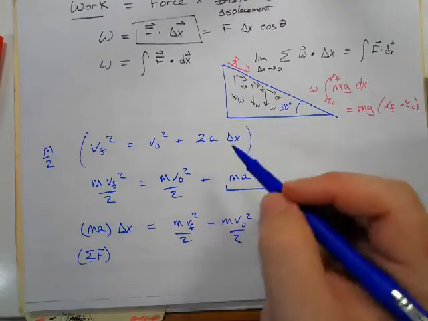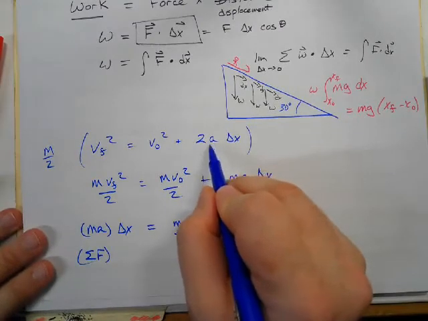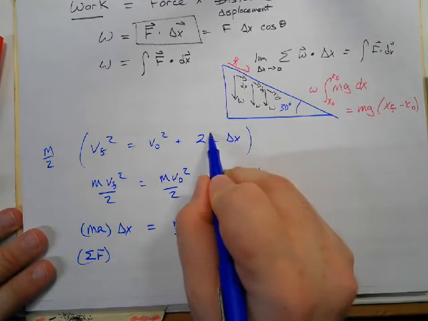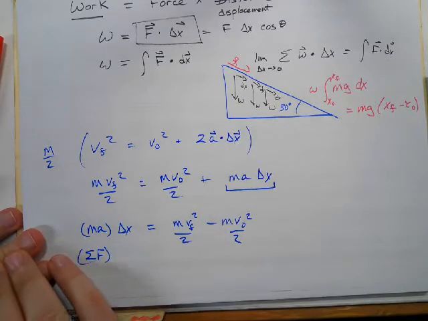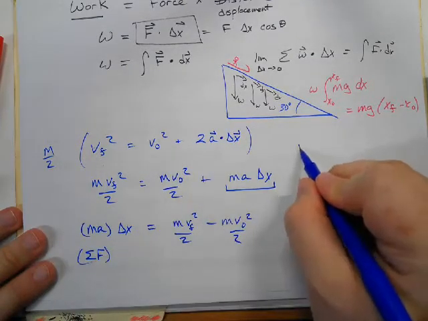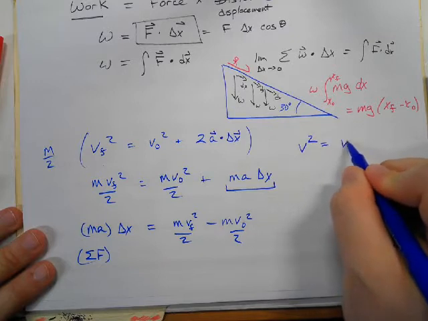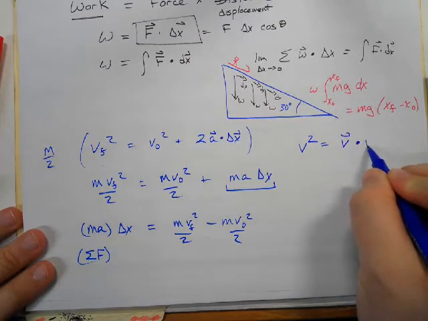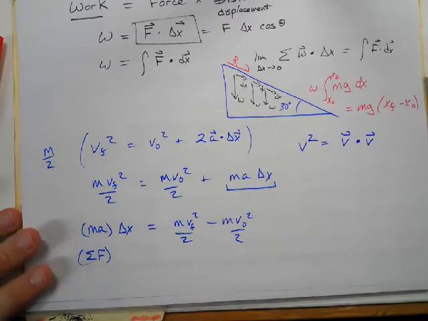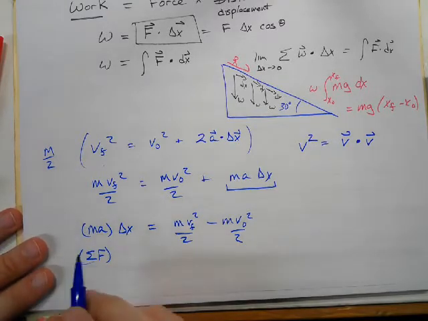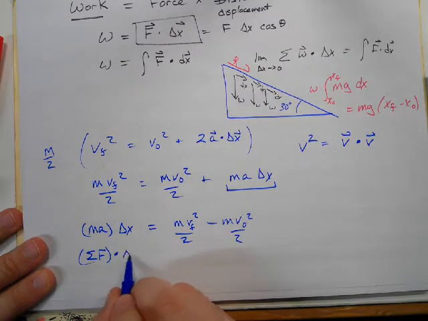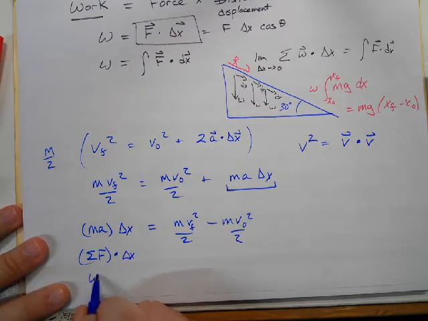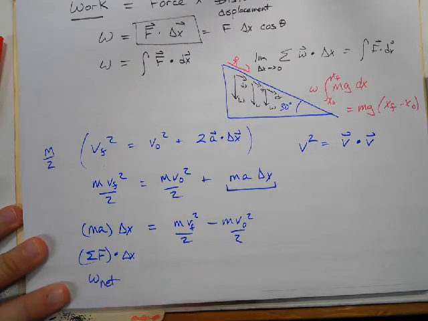And this is where we get to a little trick: when we talked about this, it really is the acceleration vector dotted with the displacement vector. And all these squareds, v squared is really vector v dotted with vector v. So here there really is a sum of the forces dotted with delta x, which is what we call the net work.